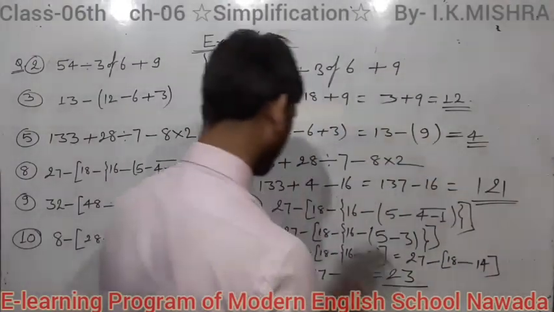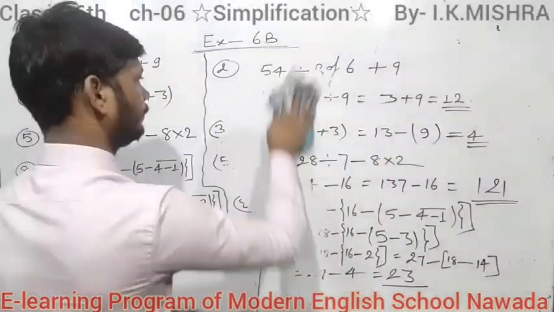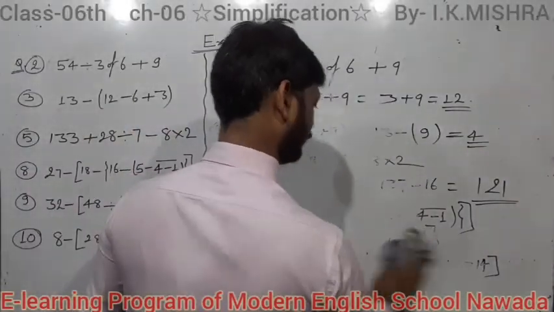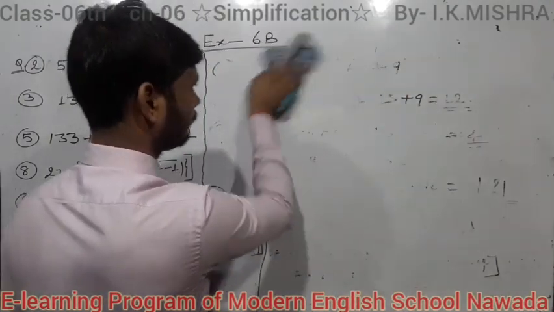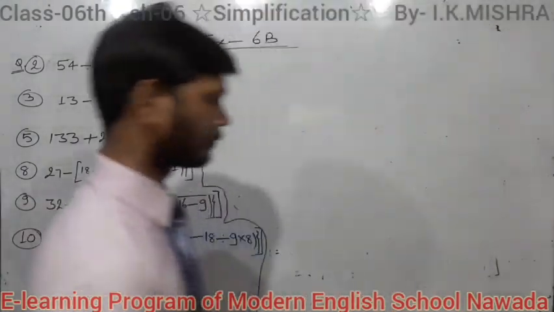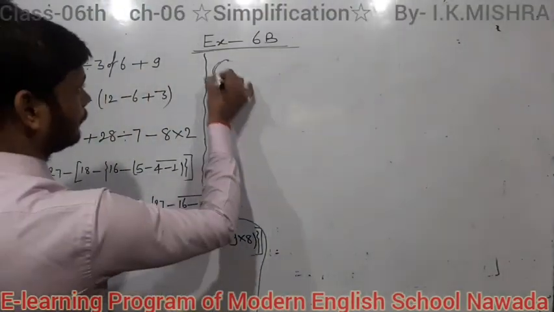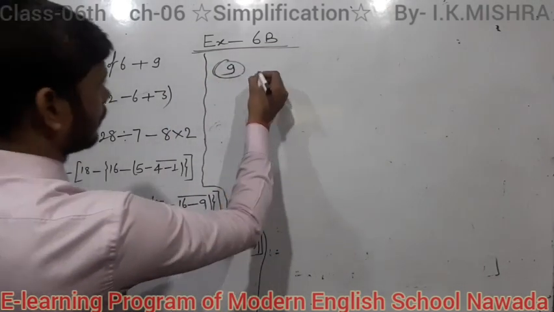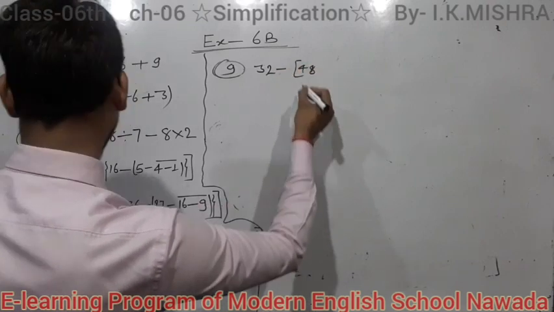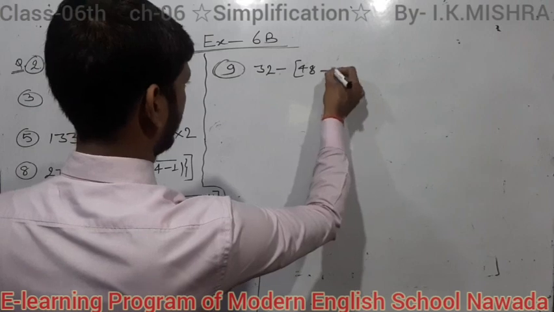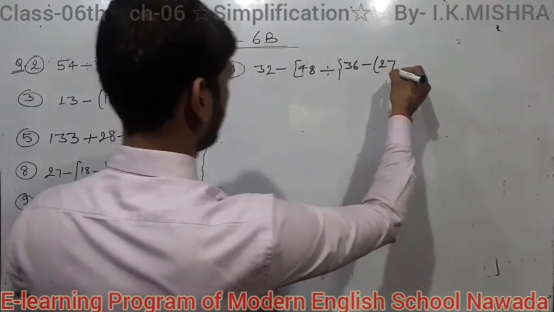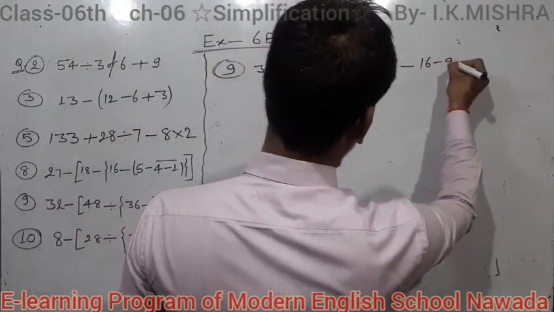Students, here in question number 9, students, 32 minus 48 divided by 36 minus 27 minus 16 minus 9.